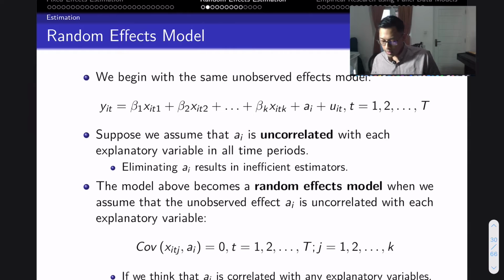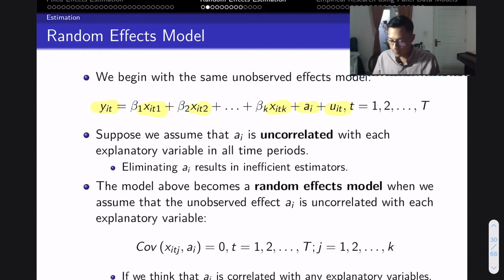We assume that a_i is uncorrelated with each explanatory variable in all time periods. Okay, so this is very strong. We're going to assume that this unobserved heterogeneity is uncorrelated with the explanatory variables in all time periods. Again, this is an example of a very strong assumption.